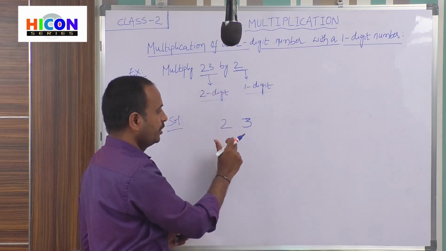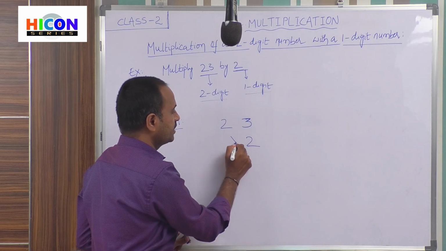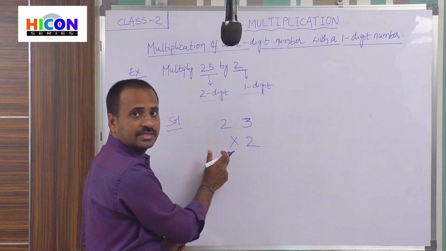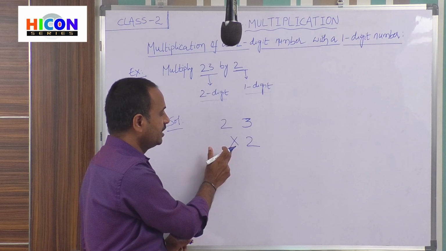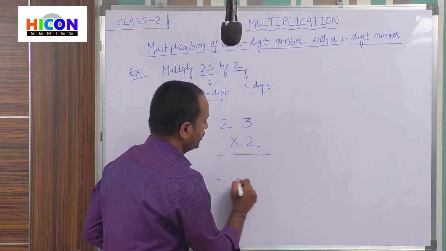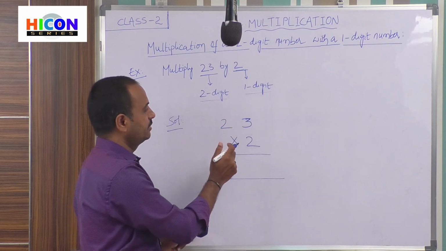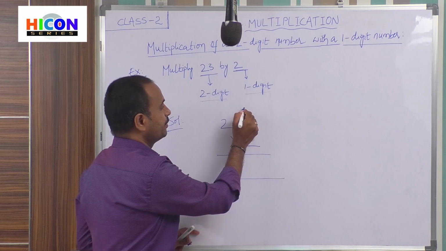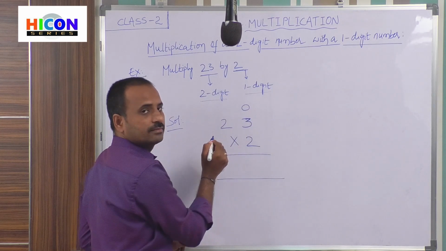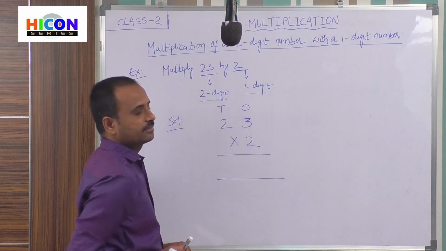So write 2 below, and keep the symbol into. The symbol represents multiplication and it can be read as into. Now do the multiplication, and also write the places above each digit. Here 3 is present in the ones place and 2 is present in the tens place.